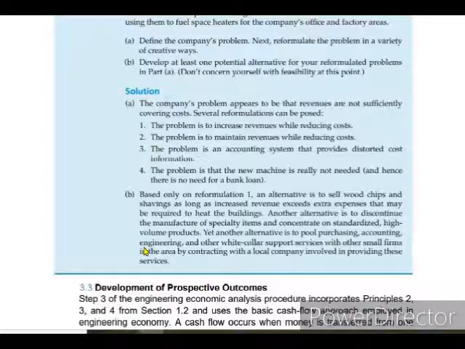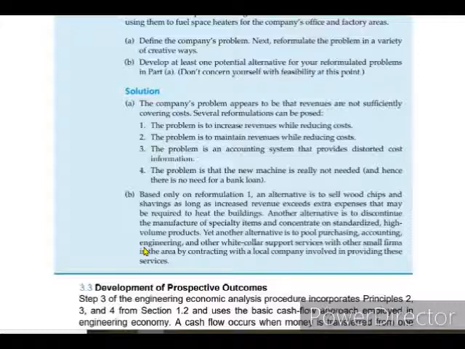So that's it, selling wood chips, because when they use the machine, it will produce a byproduct of wood chips that they can sell, and the profit gained from selling it will add to the revenue of the company, okay, that will offset expenses that may be required to heat the buildings.